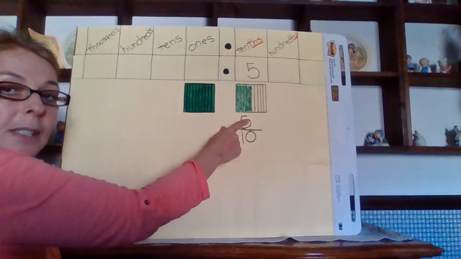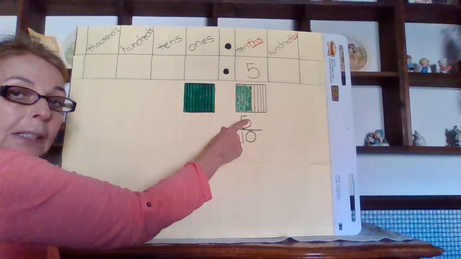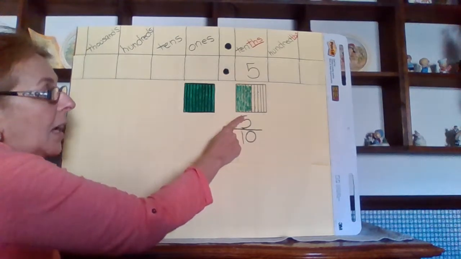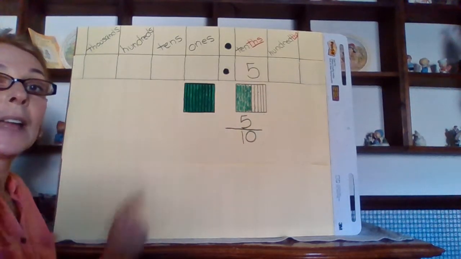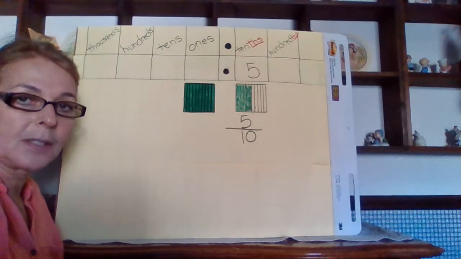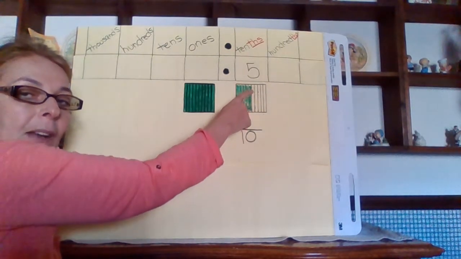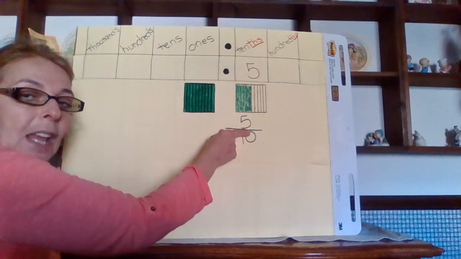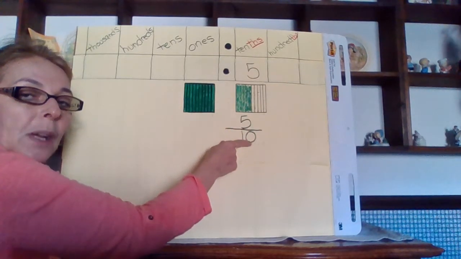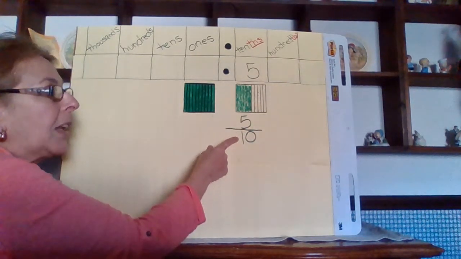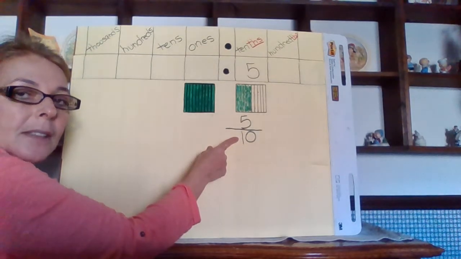Now, I use the same place value block here, but notice I only shaded in 5 of my 10 parts. So now I don't have one whole, I have 5 out of 10, or another way to read this fraction is 5/10.